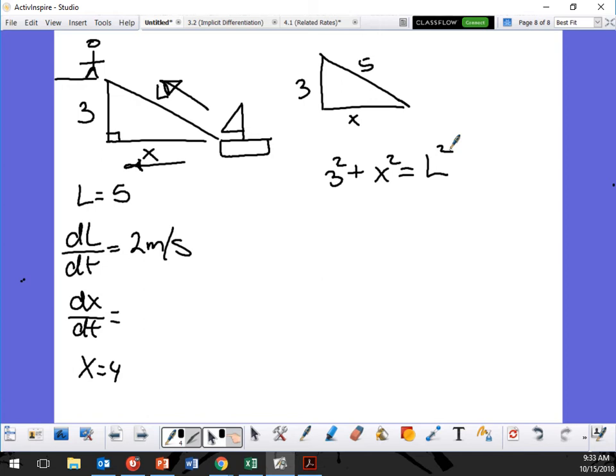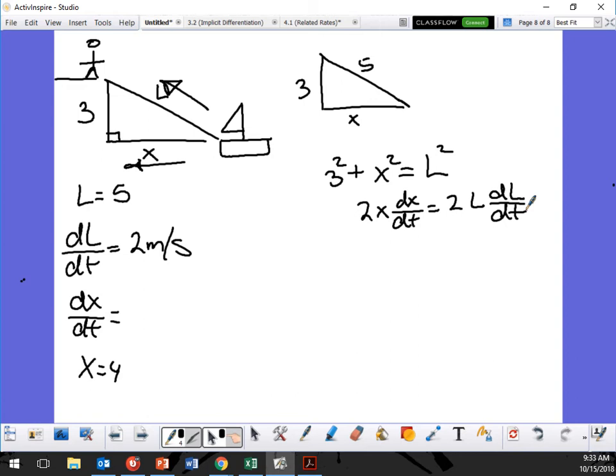So now take the derivative. What's that 3 squared do? Goes away. So I'm left with 2x dx/dt is equal to 2L dL/dt. Okay, so I'm trying to find dx/dt, right?